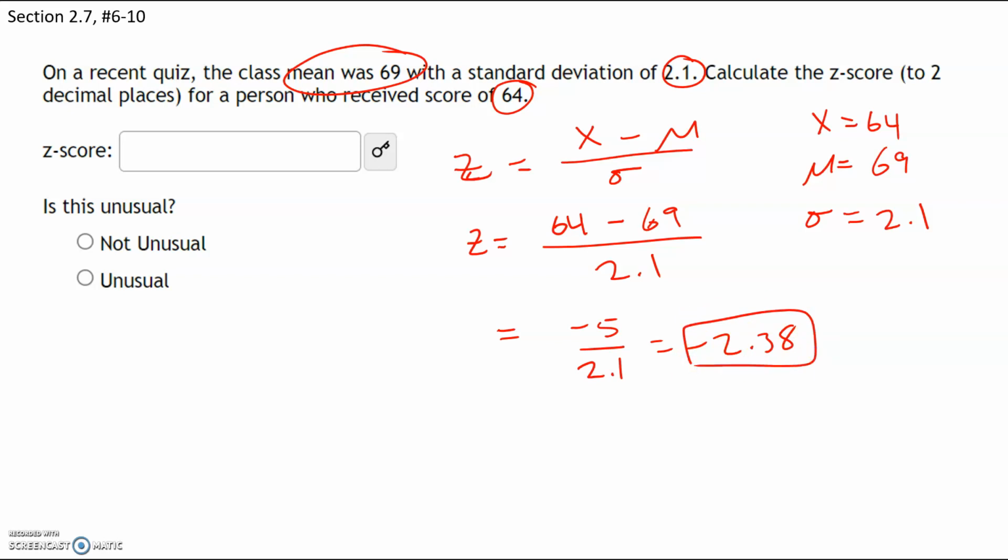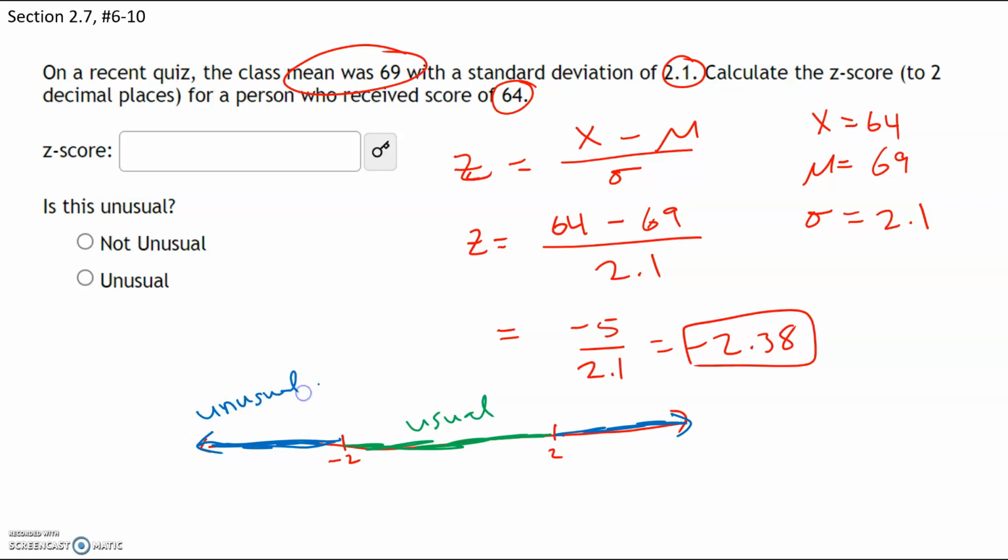Now the second part of this asks, is this usual or unusual? As a quick reminder, any z-score between negative 2 and 2 is considered a usual z-score. This range here is considered the usual range. Any z-score outside of that, above 2 or below negative 2, is going to be considered unusual.